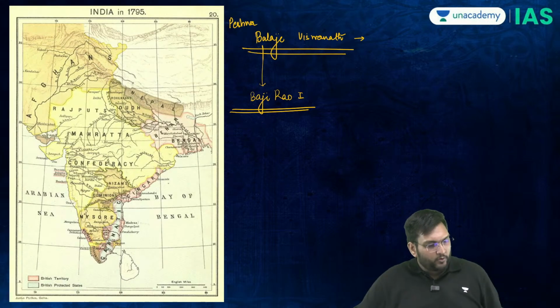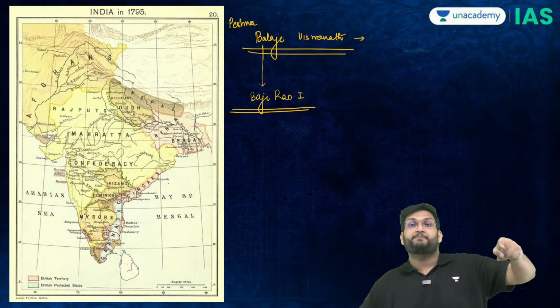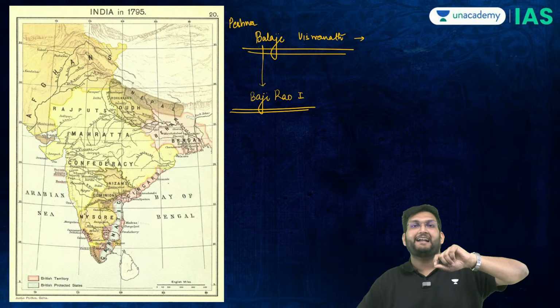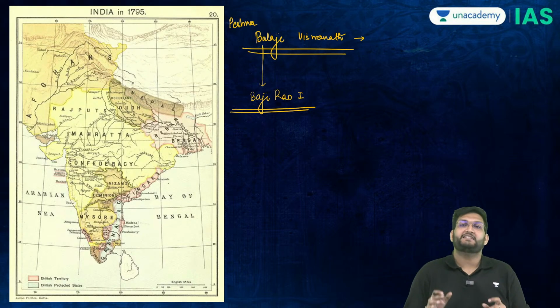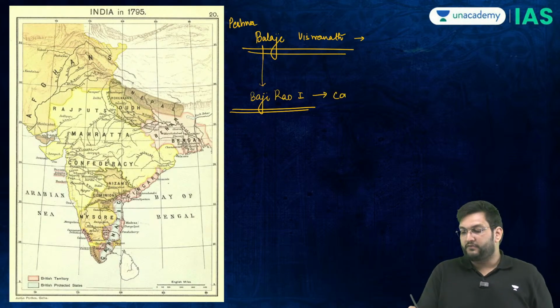He was the one who will make the Mughals subservient to the Marathas itself, through the Treaty of Sironj. And Bajirao I is also going to do one thing, which is he will introduce what is called the Confederacy model.